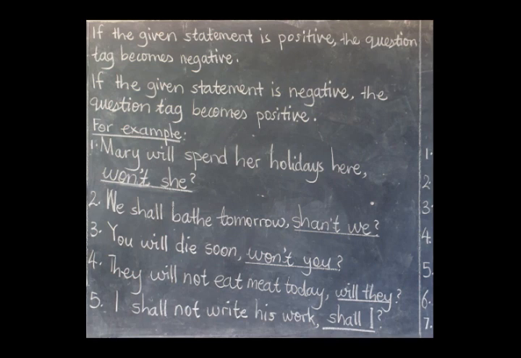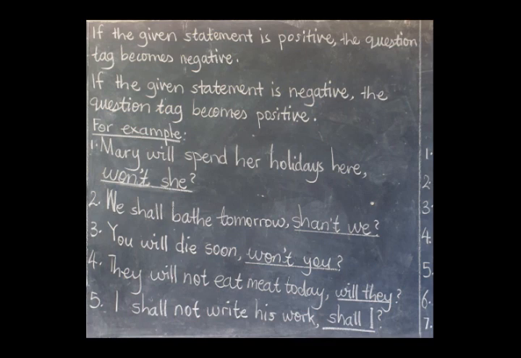Won't is the short form of will not. But in question tags, we change it to that. We cannot say will not she. No, we say won't she. We try to at least shorten it by using its short form, its contraction. So Mary will spend her holidays here. That is a positive statement.